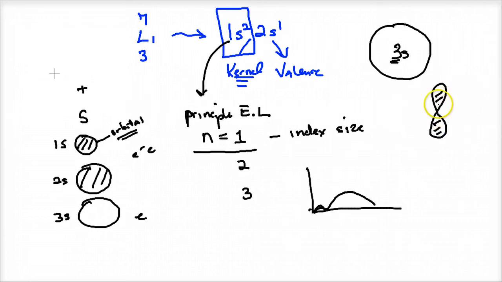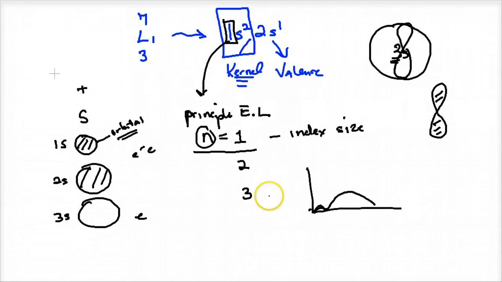This p orbital fits into the s orbital. It's a little different from what we dealt with last year. Electrons in this p orbital have a higher energy than an s because of that uniqueness to the shape. So the first number here indexes size.